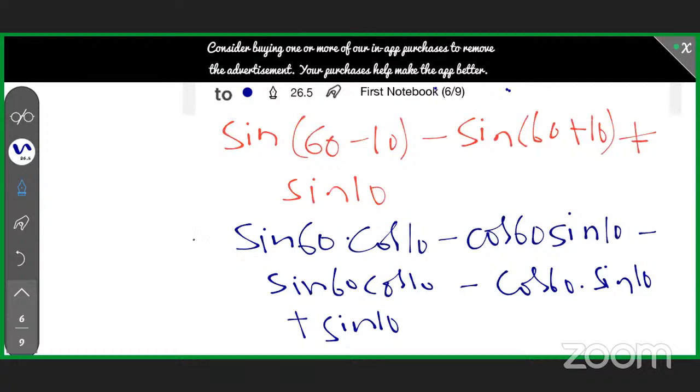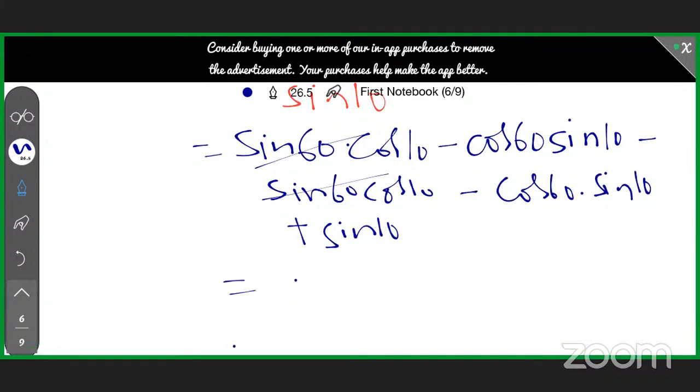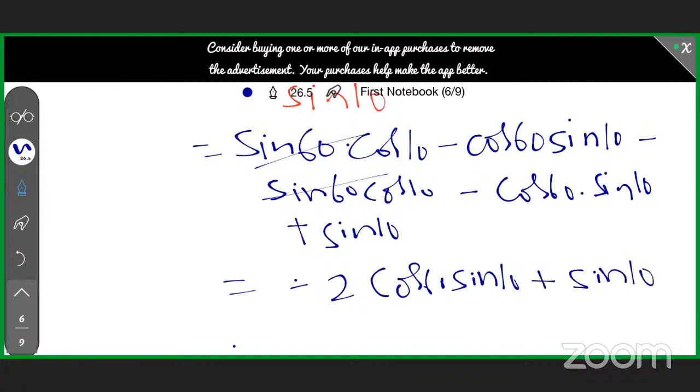So here this plus sin 60 cos 10 and this minus sin 60 cos 10 get cancelled. What we are left with will be minus sin 60 sin 10, which will become minus 2 cos 60 sin 10 plus sin 10.